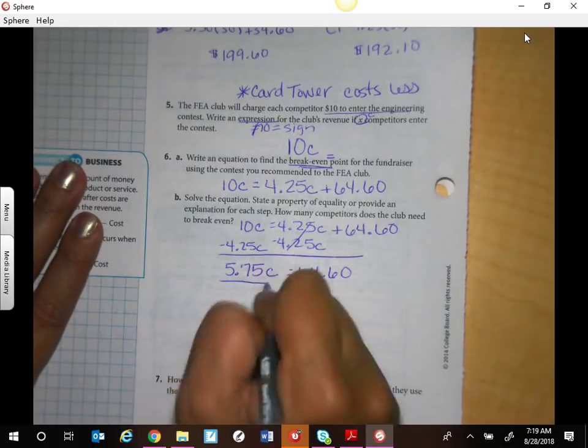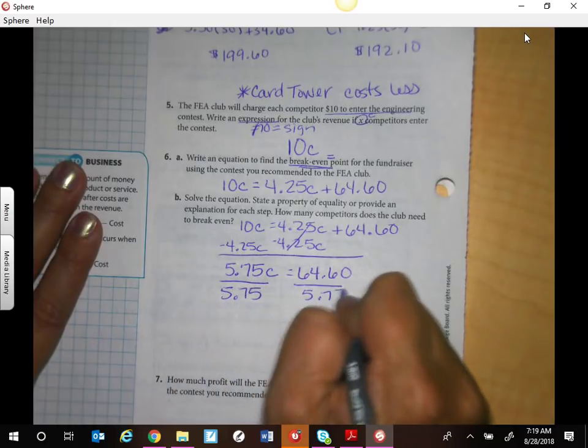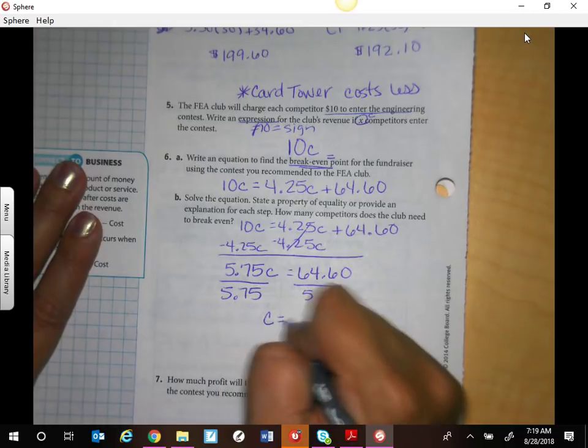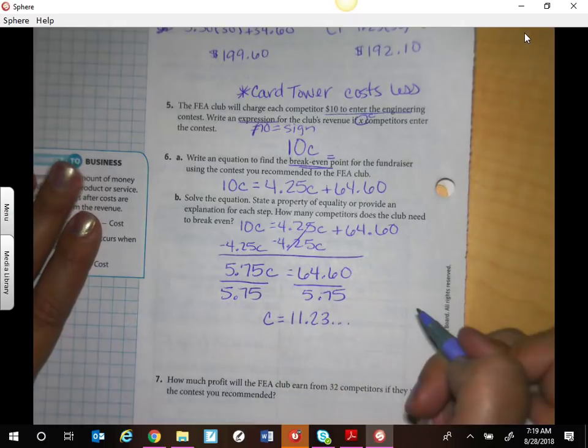Using the inverse property of multiplication, we will see that this actually comes out to 11.23, and it's going to keep going.